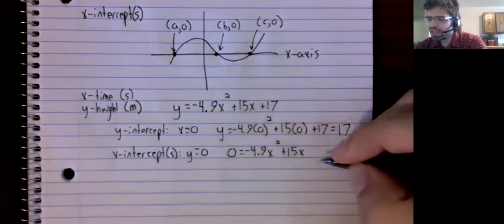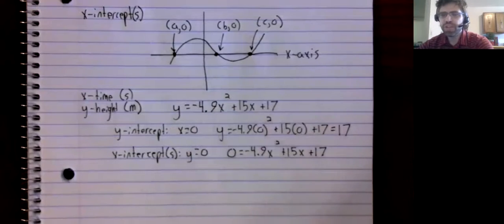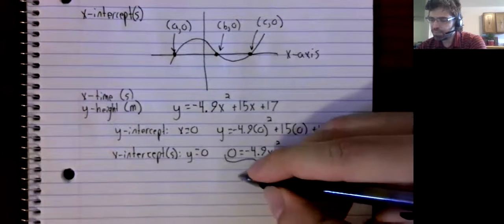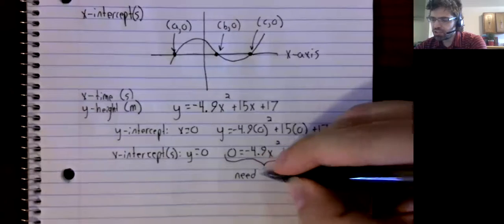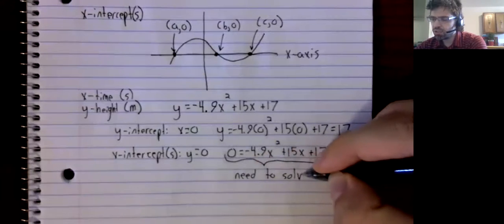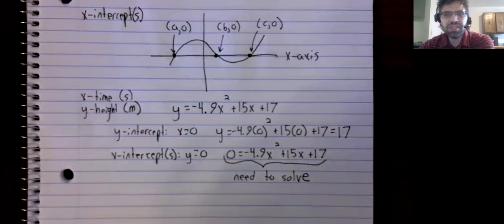Instead of being able to read x off, you have an equation that you need to solve. And maybe it's easy to solve, maybe it's hard to solve, maybe it's completely impossible to solve without computer assistance.